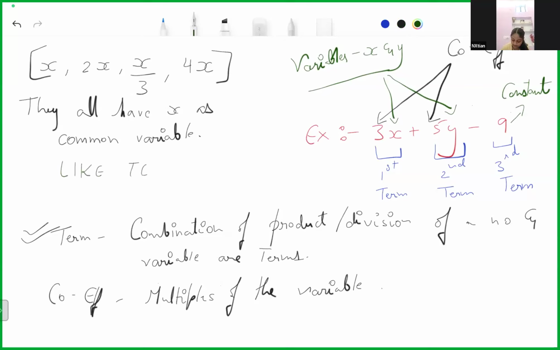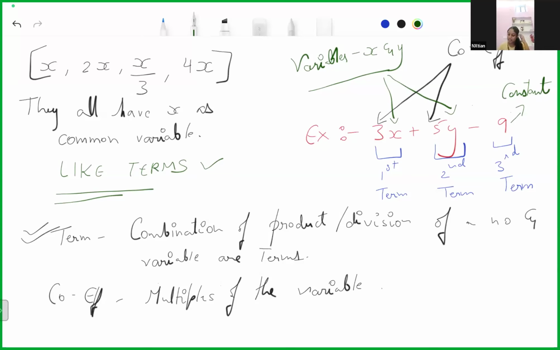Like terms are those terms which have only one kind of variable. If it is x, all the terms will have only x. If it is y, all the terms will have only y as the variable, like y by 3, 3y, or only y. So that will be like terms.